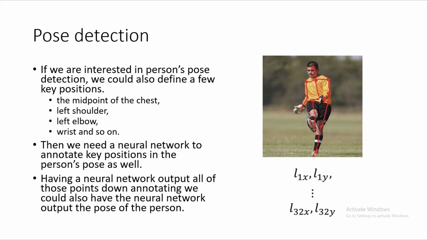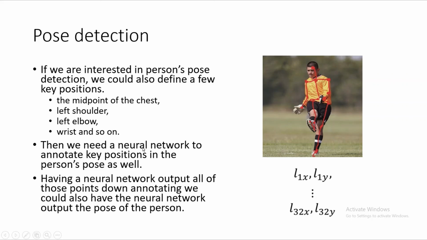Just as in landmark detection where we specified the position of the eye or lips or nose, here we can also specify the midpoint of the chest or left shoulder or left elbow or wrist and so on.